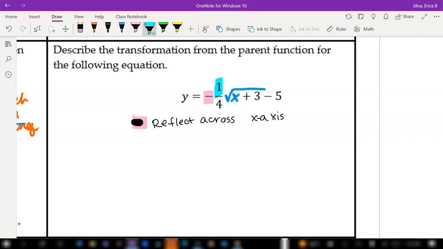Next, we look at the 1/4. Because the 1/4 is smaller than 1, that means we have a vertical compression.